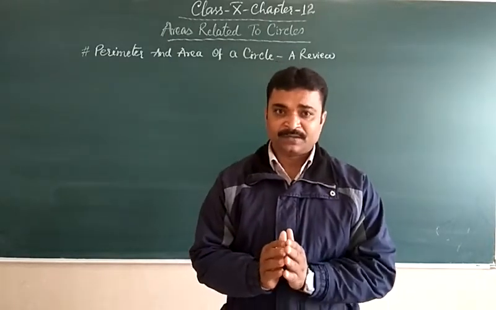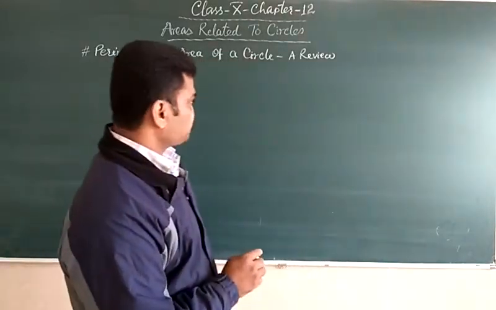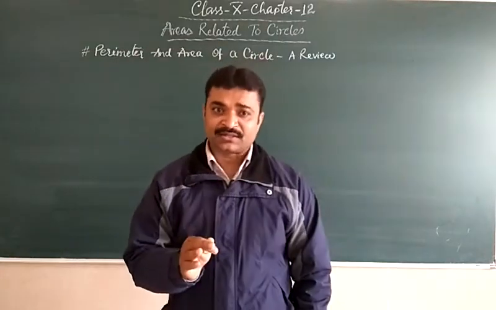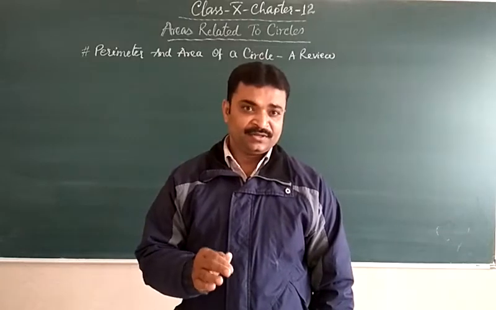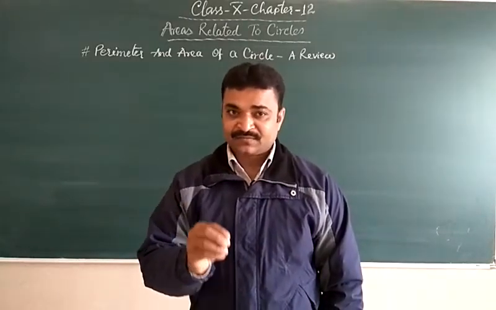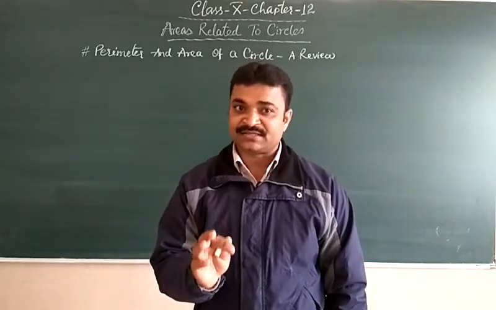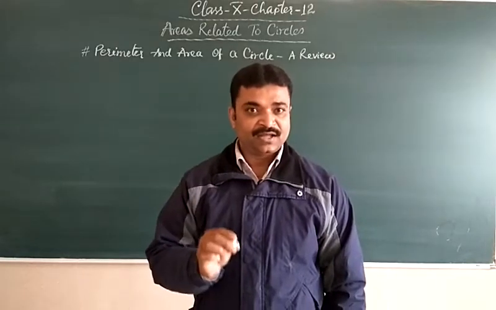First of all, what is a circle? A circle is a path traced by a moving point which moves such that it always remains at the same distance from a fixed point. Clear? I am repeating once again.